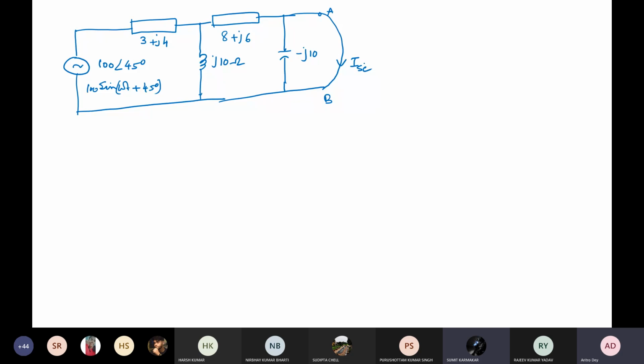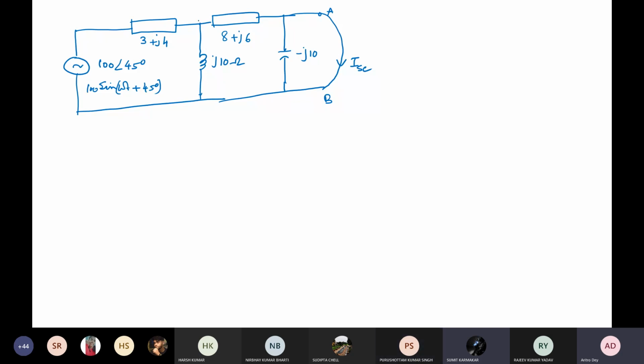So to find ISC, what to do? This will anyway bypass your capacitive reactance. Then you have to find your total current, and then you should use the current branching rule. That is also possible. If you want to use nodal analysis, let us show it by nodal analysis.